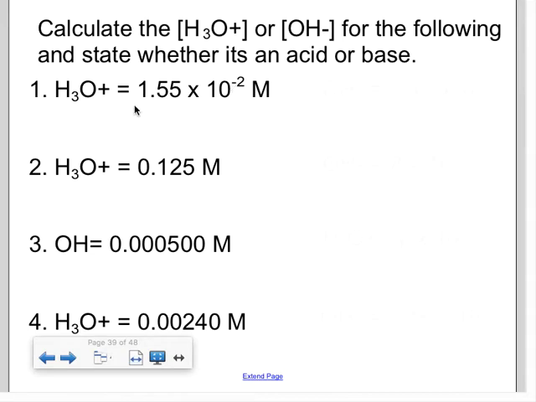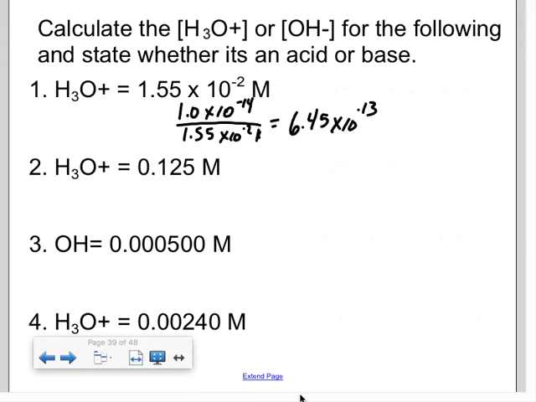To solve this, you take 1.0 times 10 to the negative 14 divided by 1.55 times 10 to the negative 2. Because this is my H3O, this would be my OH.